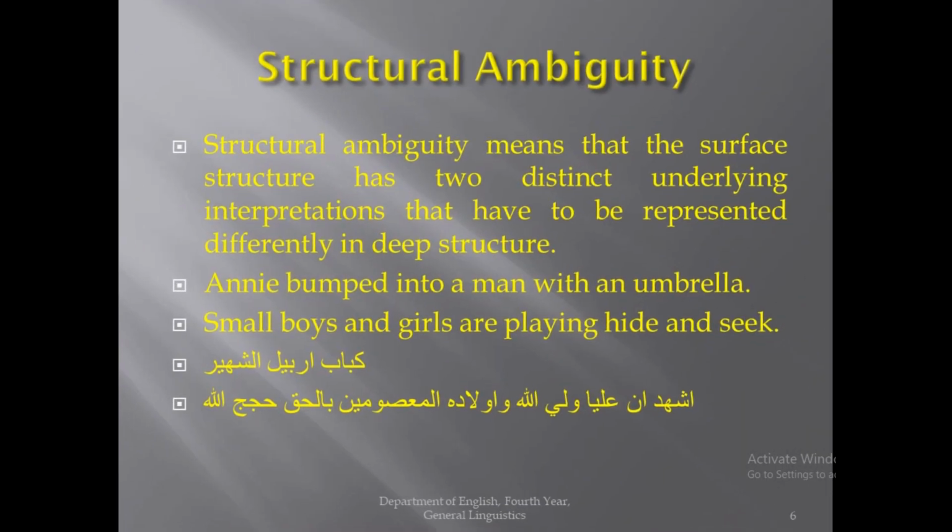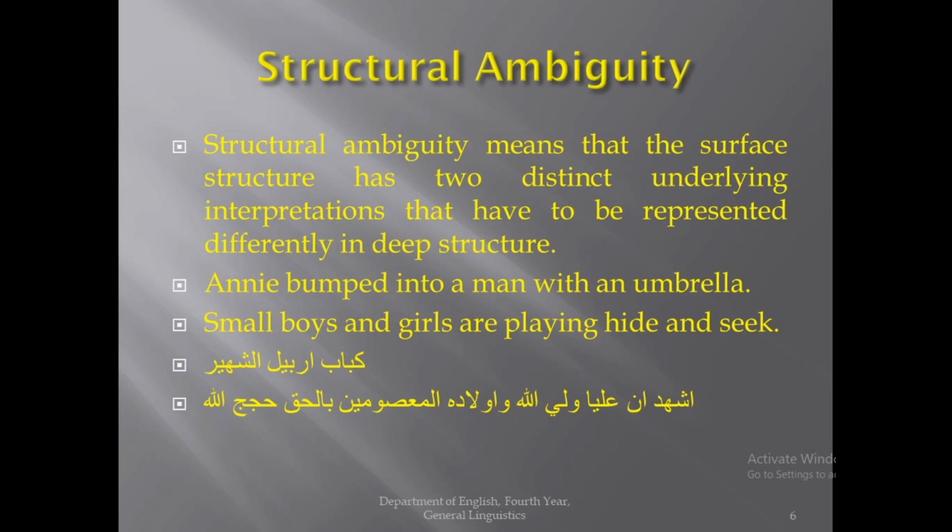Now, when dealing with the surface structure, we'll face certain structural ambiguities. So, what is structural ambiguity? When we say structural ambiguity, there is a presupposition that there must be other types of ambiguity.